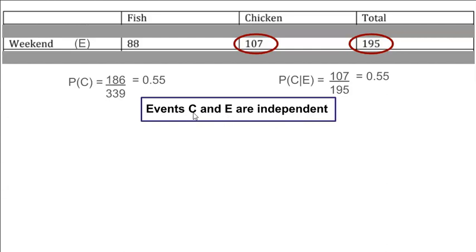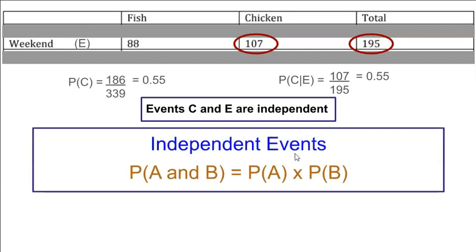Another way to check for independent events is to check the probability of A and B and see if it's the same thing as the probability of A times the probability of B. We already know that events C and E are independent, so let's find these two probabilities.